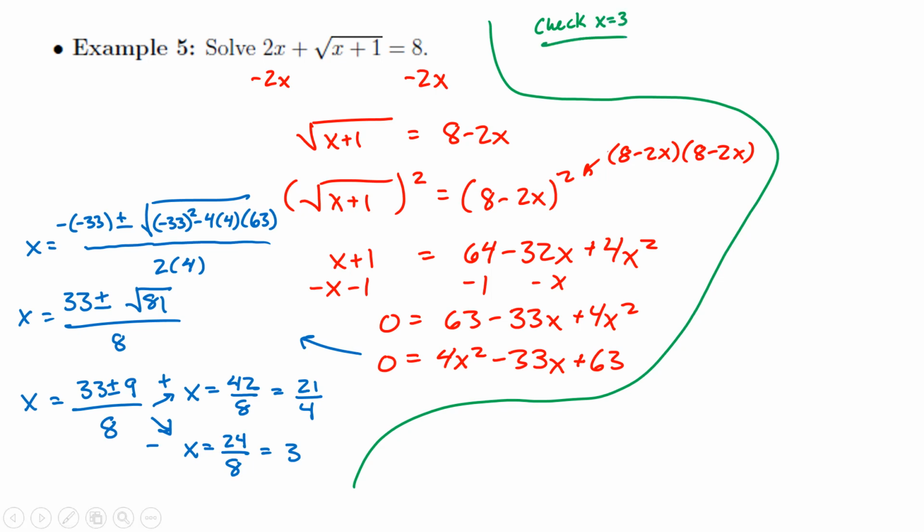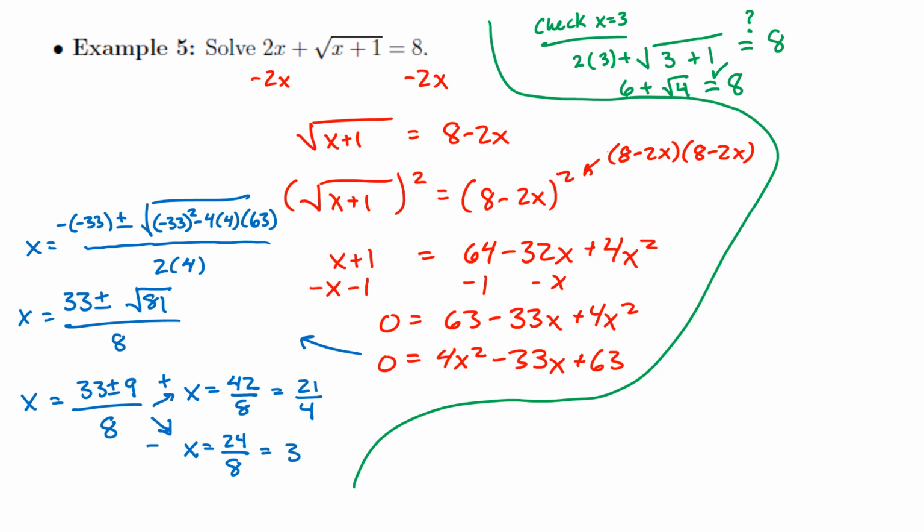And so we have 2 times 3 plus the square root of 3 plus 1. Does that equal 8? Well, pretty quickly we can realize yes, because it's 6 plus the square root of 4. That definitely is equal to 8.